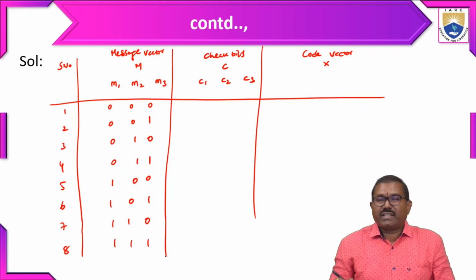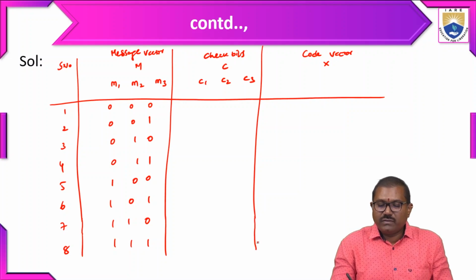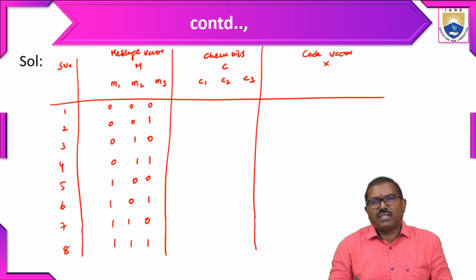So 8 message vectors. For these 8 message vectors, 8 sets of check bits are generated.